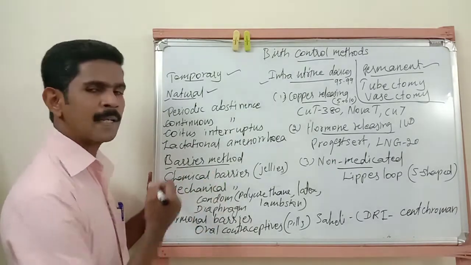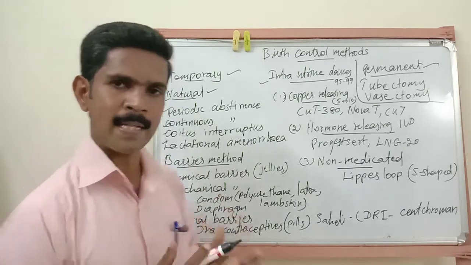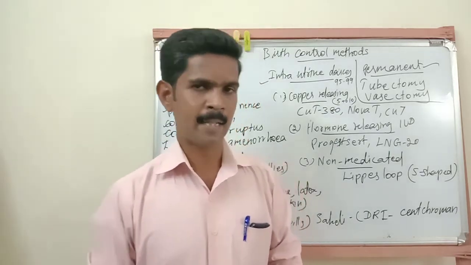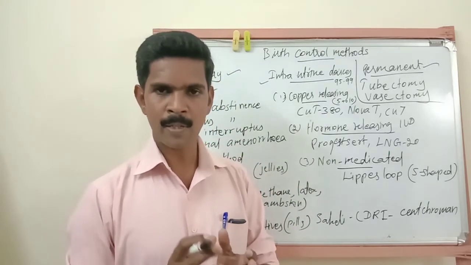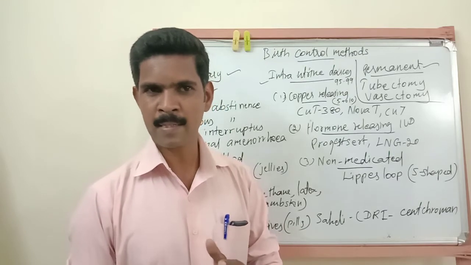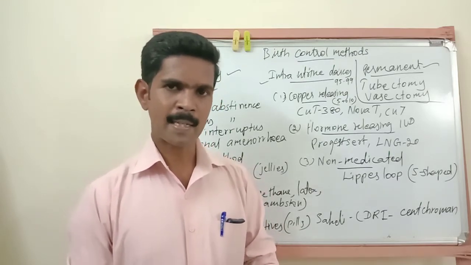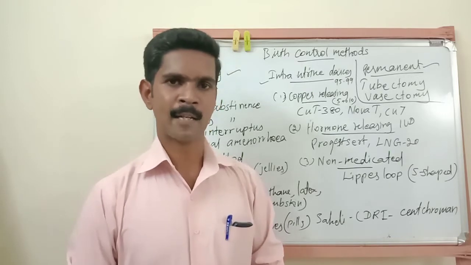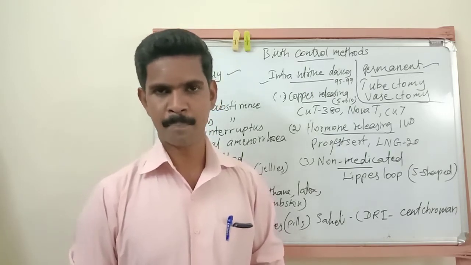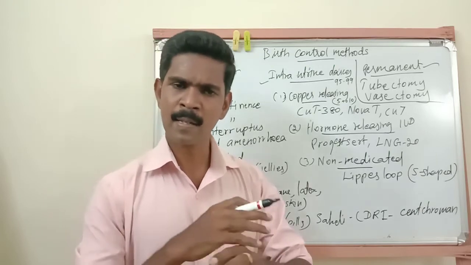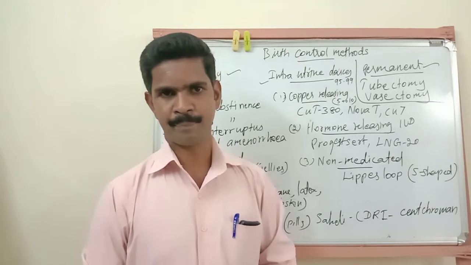The first one is chemical barriers. Examples are some jellies, some creams, some tablets. When people use these, the chemicals present inside the substance prevent the fertilization process, or inactivate the activity of the sperms.